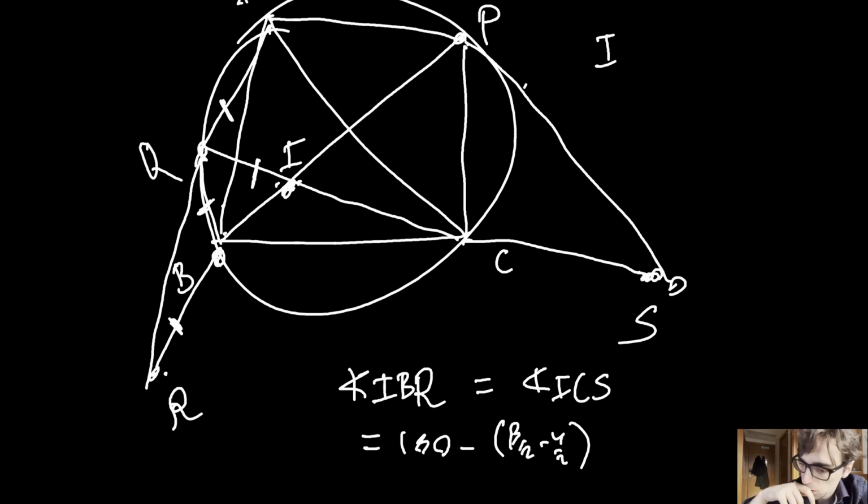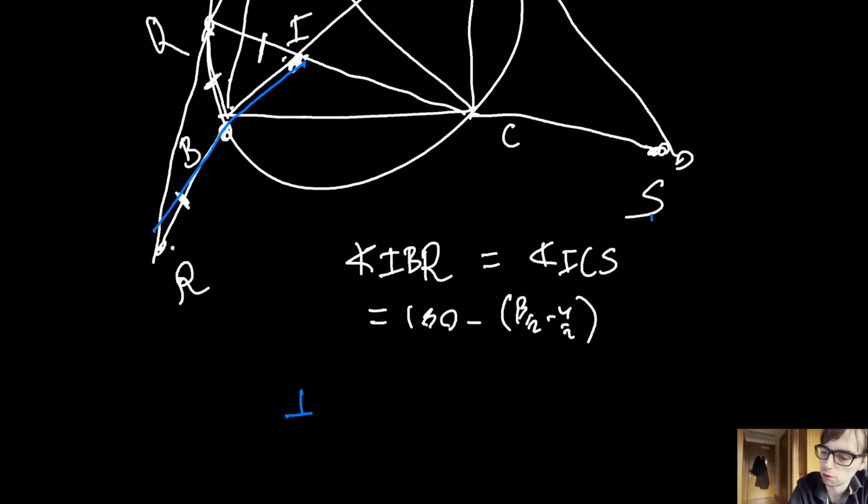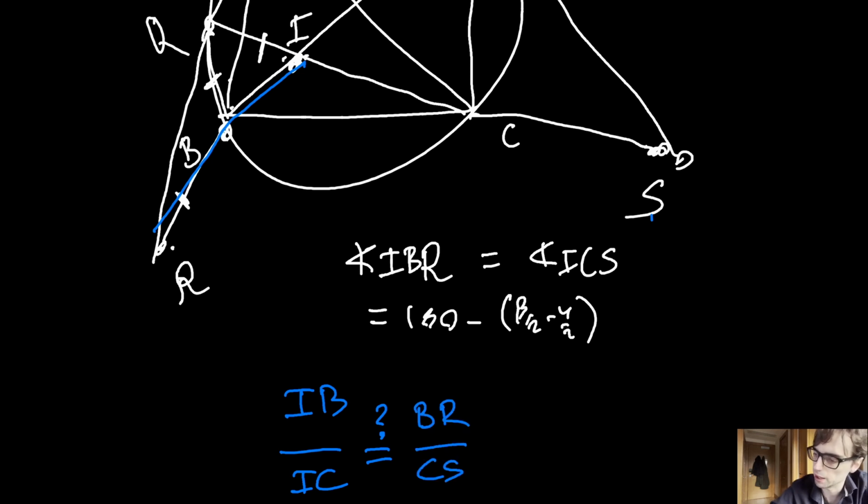So now the question is, okay, if we had this angle, then what we need is to show that IB over IC would need to equal, and this is a question mark, BR over CS. Okay, and now let's think. So what is BR over CS?